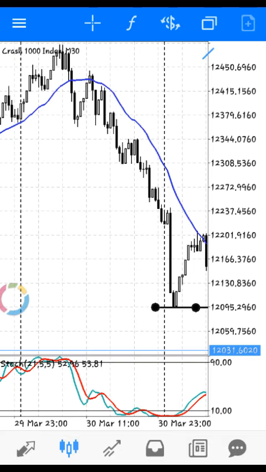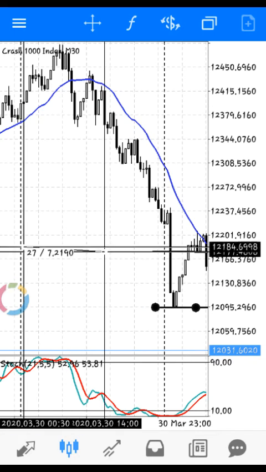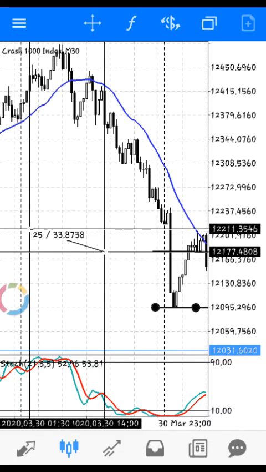So we waited. Our system says when we get back to the moving average, you sell. If for whatever reason you didn't sell at the moving average, you're waiting for the order flow to change to the downside. Now you're waiting for the price to close below that line. If price closes below that line, you set a sell limit on that black line, with a stop above the last level of order flow.